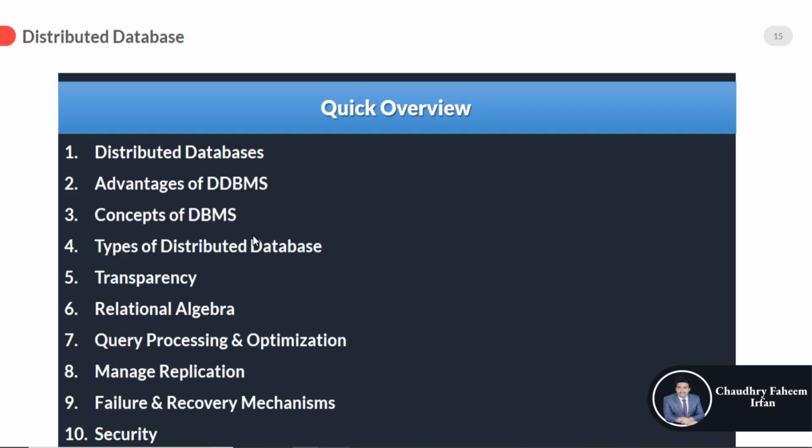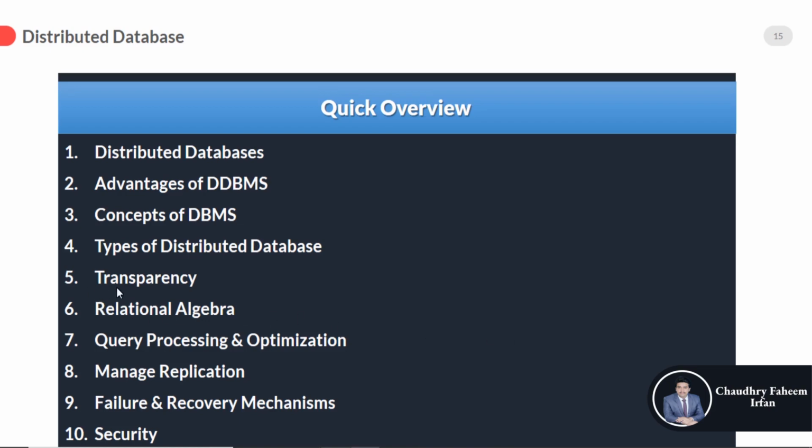Homogeneous uses identical DBMS and heterogeneous uses different DBMS. Some other designs are also used to make a distributed environment. Fragmentation is a process in which we can divide our tables into smaller numbers of records.